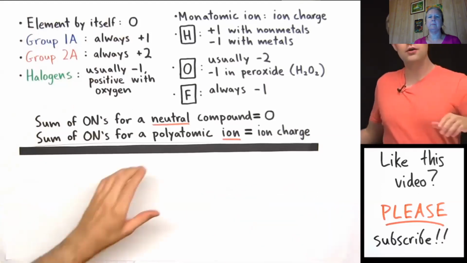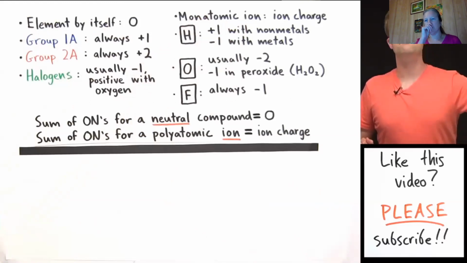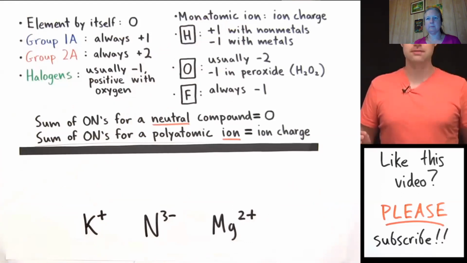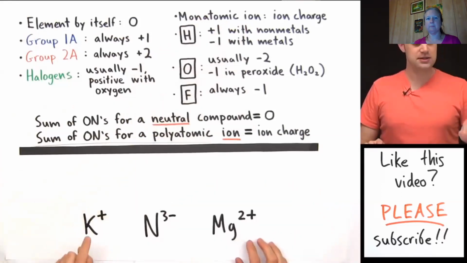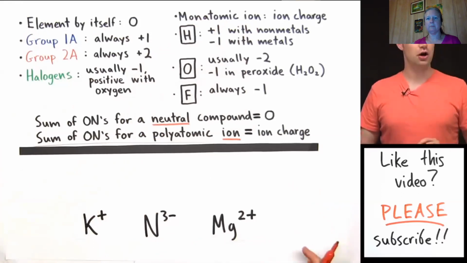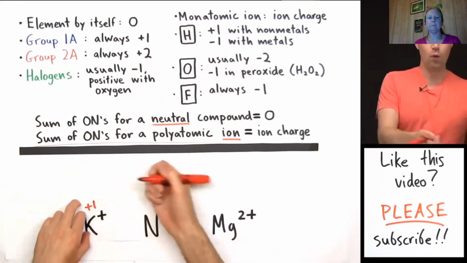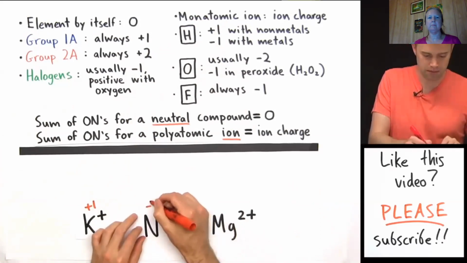The other rule here is about monatomic ions. These are ions that are made of only one atom. So like this. For monatomic ions, their oxidation number is the same as their ion charge. So for K plus here, its oxidation number is going to be plus 1. For N3 minus, it'll have an oxidation number of minus 3.